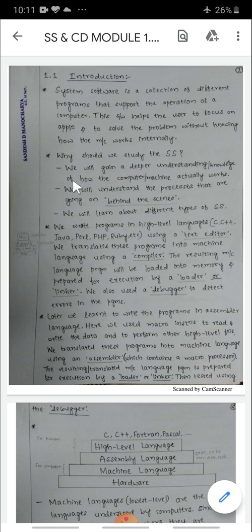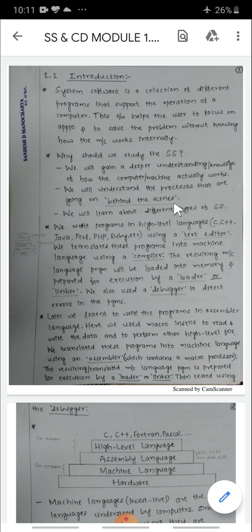Why should we study system software? There are three main reasons. We will gain a deeper knowledge of how the computer or machine works exactly, internally. Second reason is we will understand the processes that are going on behind the scenes.